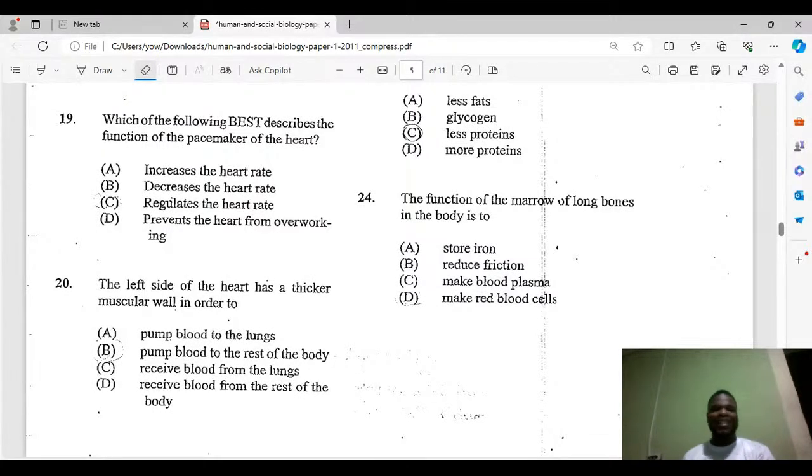Next, 20. The left side of the heart has a thicker muscular wall in order to do what? I remember that last time we said what is on the left is actually right and what is on the right is actually left.